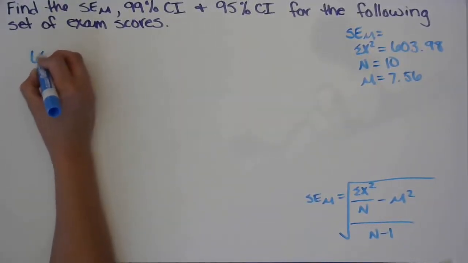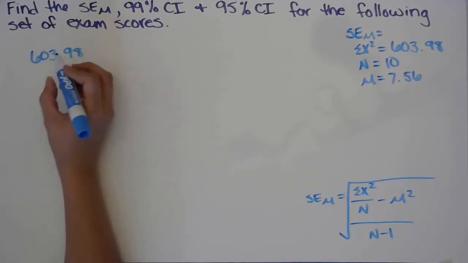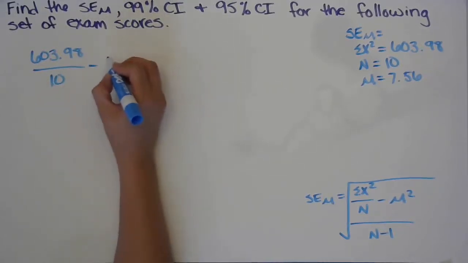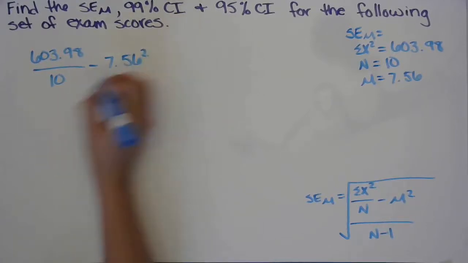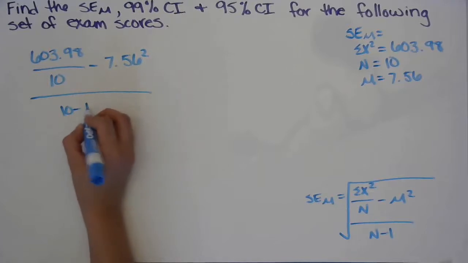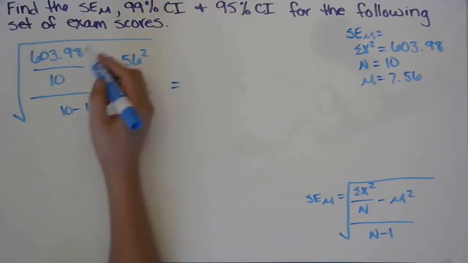So we have 603.98 over our n value of 10 minus our mean squared, which is 7.56 squared, over our n value of 10 minus 1. Okay, there we go. Okay, so let's start with this first.